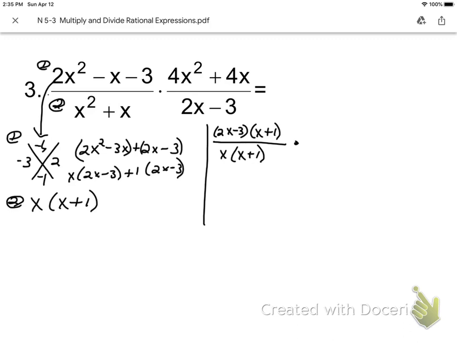So this is the third thing I have to factor. And the greatest common factor in that third part is a 4x. And when you divide that, you're going to be left with x plus 1. So the third thing we'll factor is 4x times x plus 1.